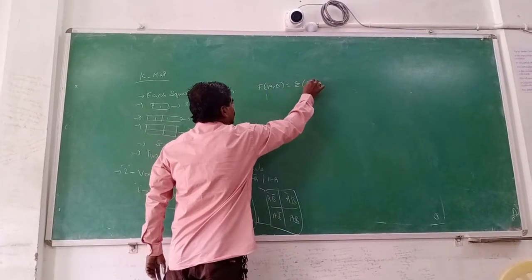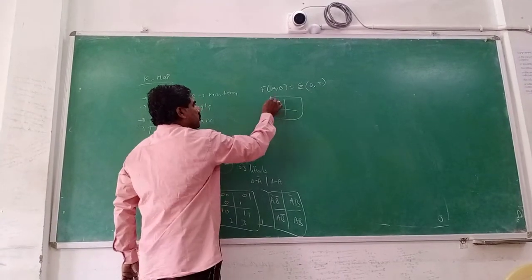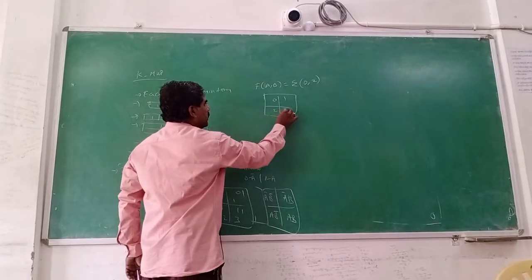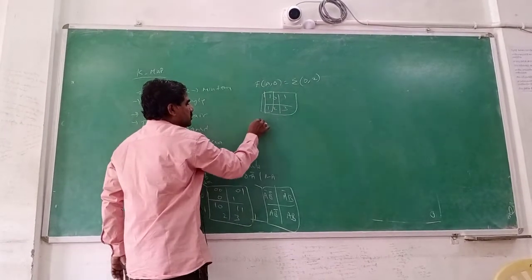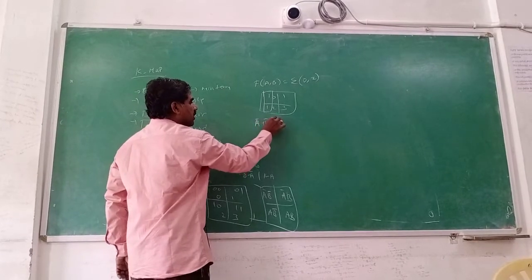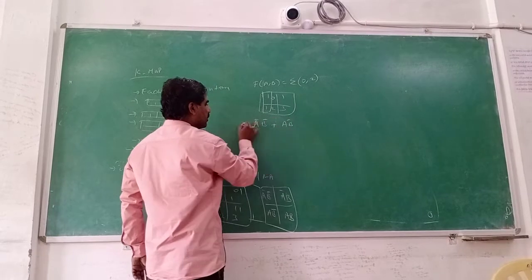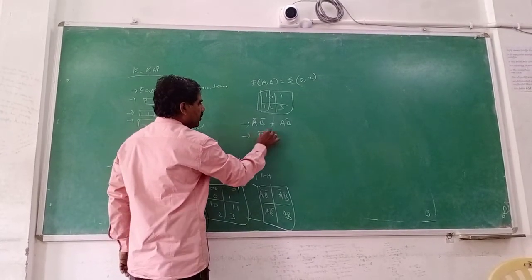Simply draw the 2 variable map 0 1 2 3. 0 means A bar B bar, 2 means A B bar. The combination gives B bar times A bar plus A, and A bar plus A means 1 from the theorems.